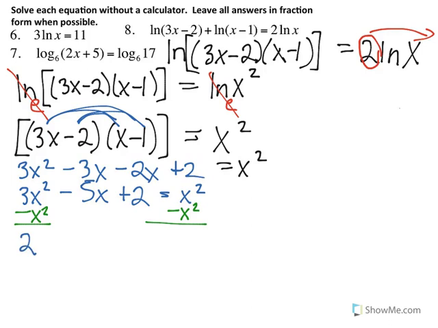So now we are staring at 2x squared minus 5x plus 2 equals 0. And that, ladies and gentlemen, leads you to either solving this problem by factoring or using the quadratic formula. Go ahead and pause this video and do your factoring or your quadratic formula, and we will reconvene in just a few moments.